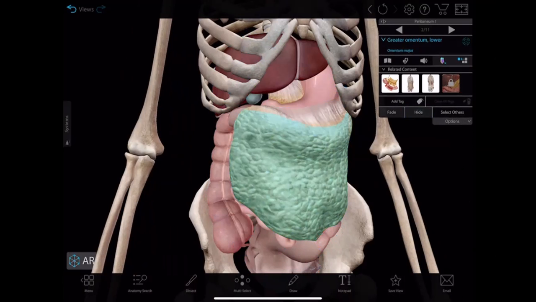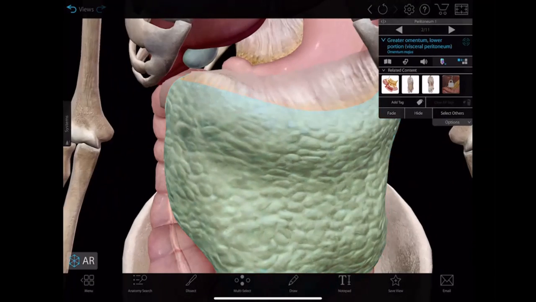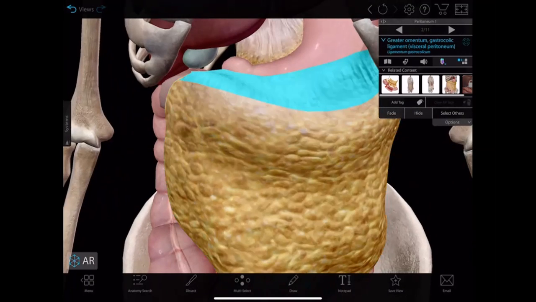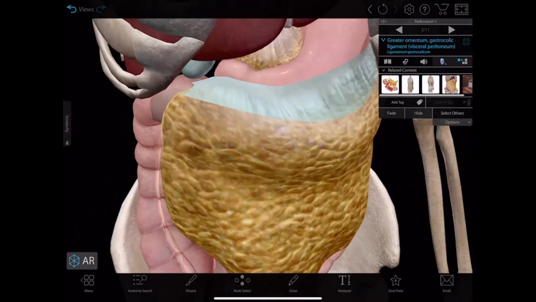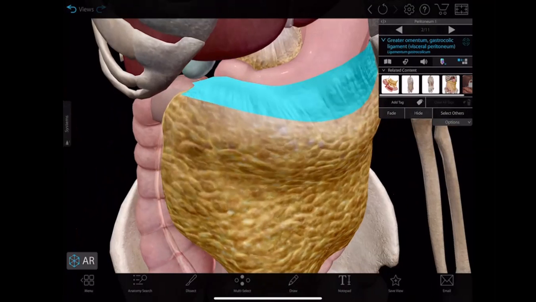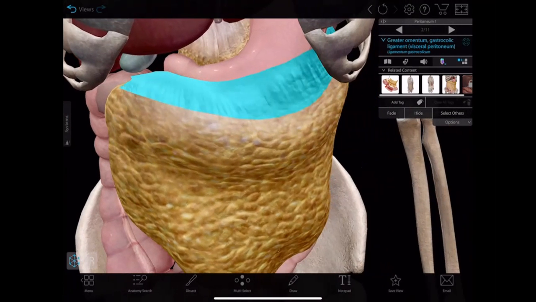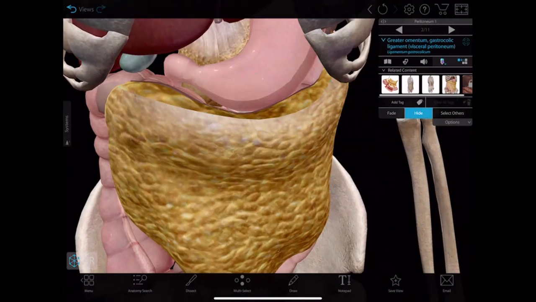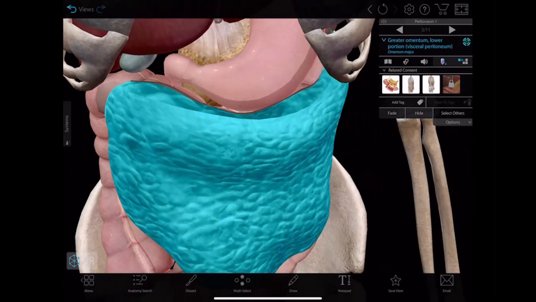See, this is the greater omentum, and this one is the gastrocolic ligament, from stomach to the colon, right? Transverse mesocolon is part of the greater omentum only, right? I'll hide that.